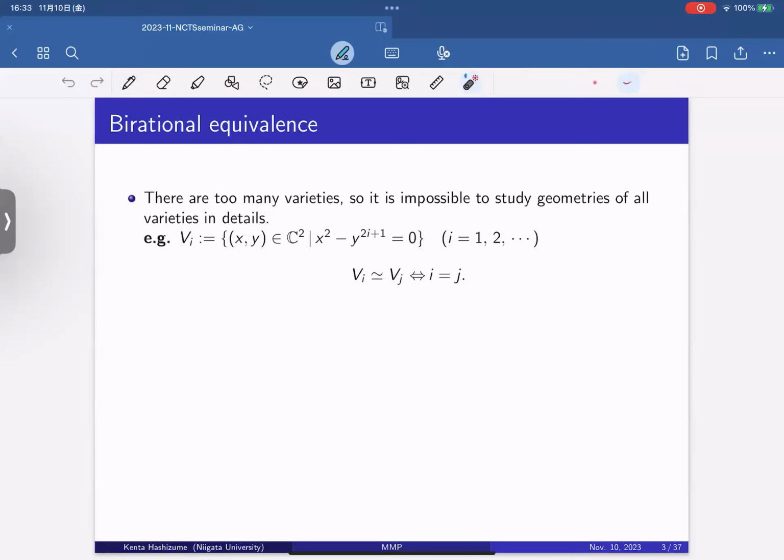For example, let V_i be the one-dimensional variety defined by the equation. Then the study of commutative rings shows that V_i is isomorphic to V_j if and only if i equals j.